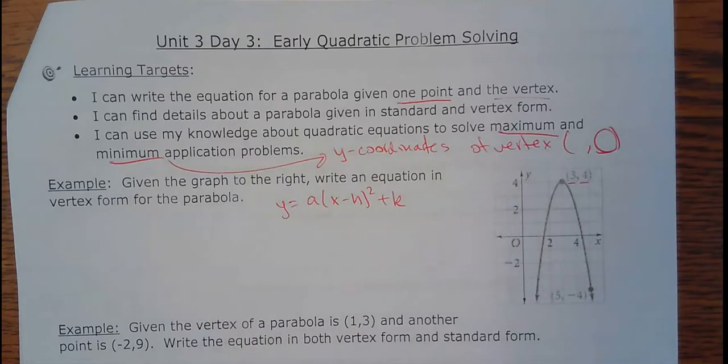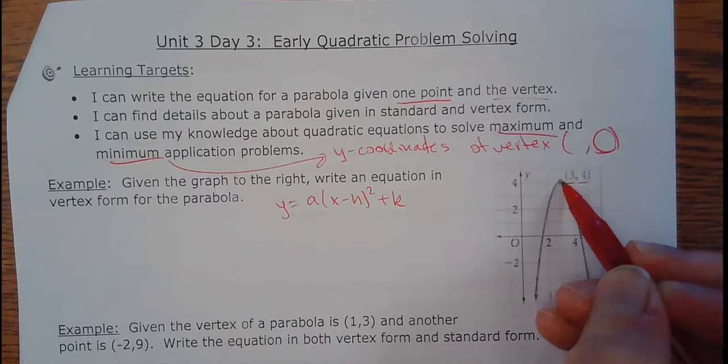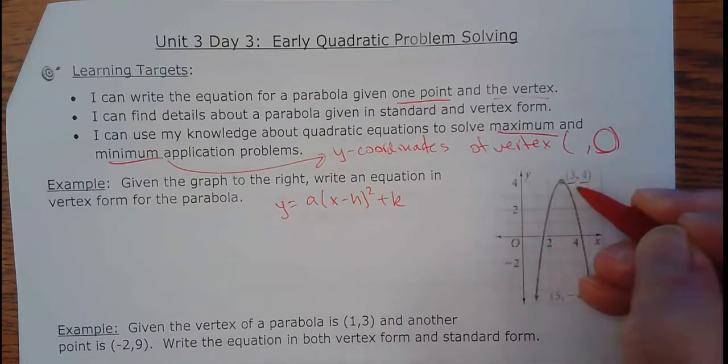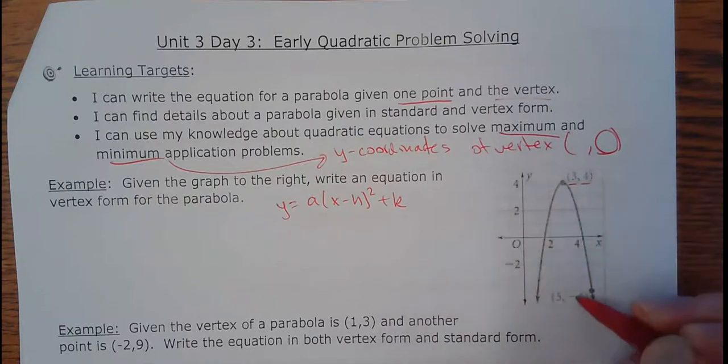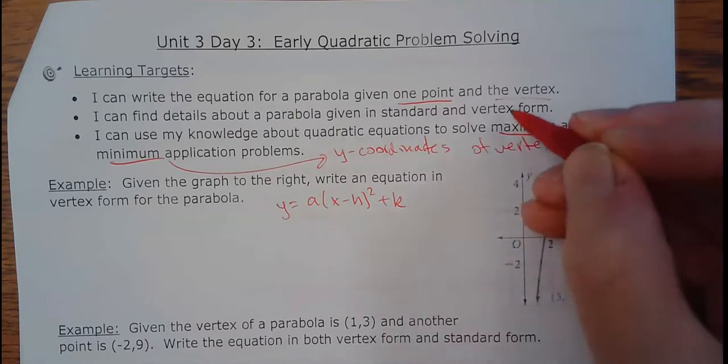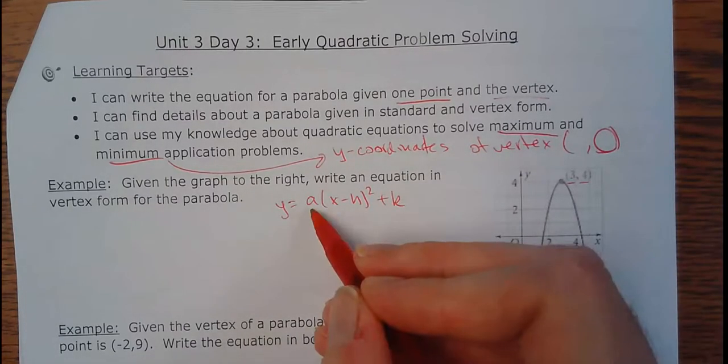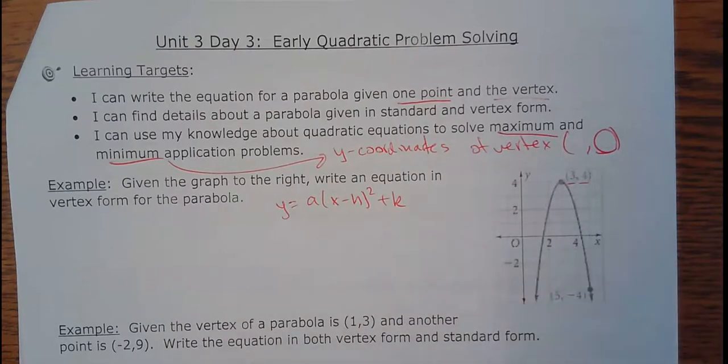But remember, there's infinitely many parabolas that have that for a vertex. It could be a lot wider than that, it could be a lot skinnier than that, it could open up. So there are tons and tons of parabolas that can have that vertex. It's the A that will make it uniquely this one.